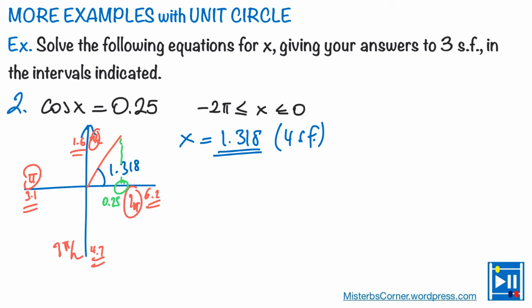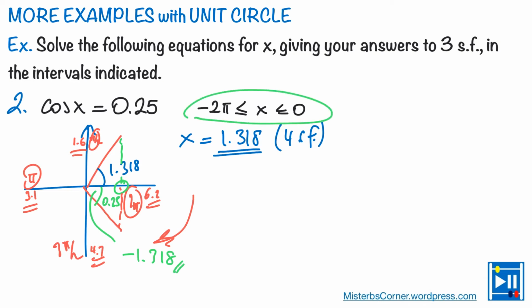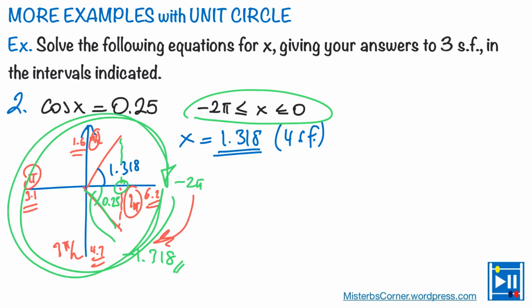Now, the same angle appears to be here, giving the same value, but it's going to be in the clockwise direction. So that is going to be, let's say, minus 1.318, right? Now, my interval is from negative 2 pi to 0. So basically, negative 2 pi is the full round clockwise of the radius. So this is negative 2 pi. It starts from here, and it's a full round up to 0.